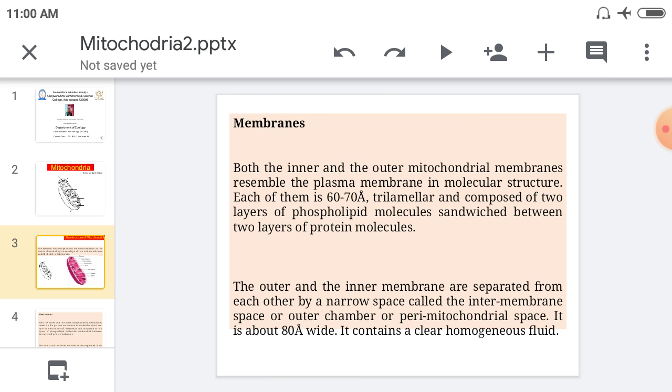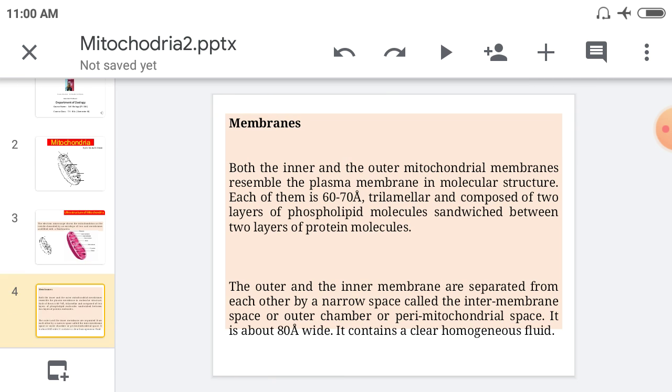Then the membrane. Both the inner and outer mitochondrial membrane resemble the plasma membrane in molecular structure. It means both membranes are the same as the plasma membrane in molecular structure, and each of them is 60 to 70 angstrom, trilaminar, and composed of two layers of phospholipid molecules sandwiched between two layers of protein molecules.